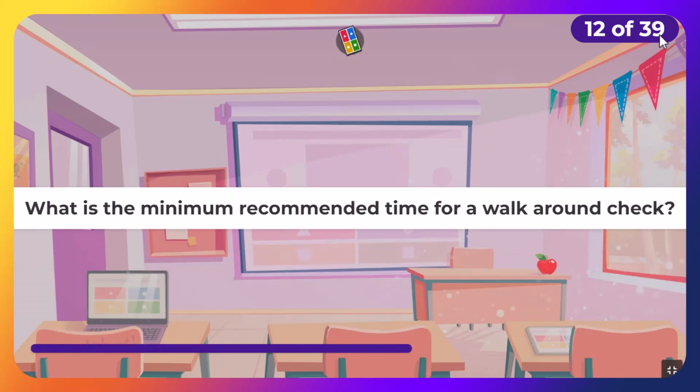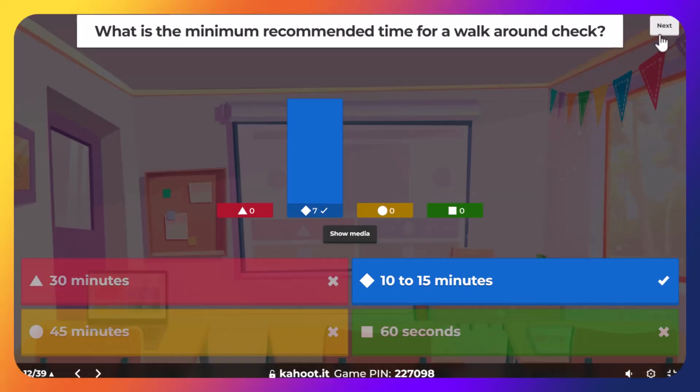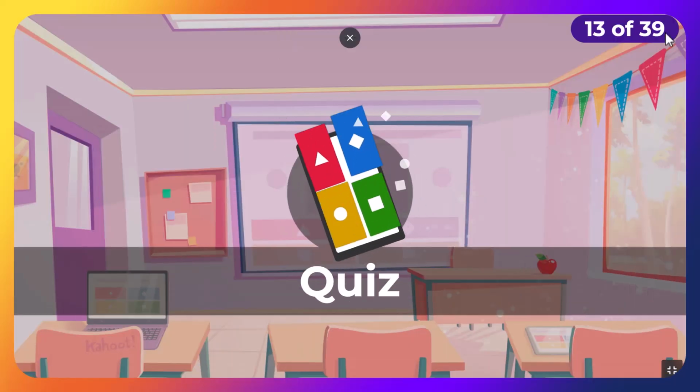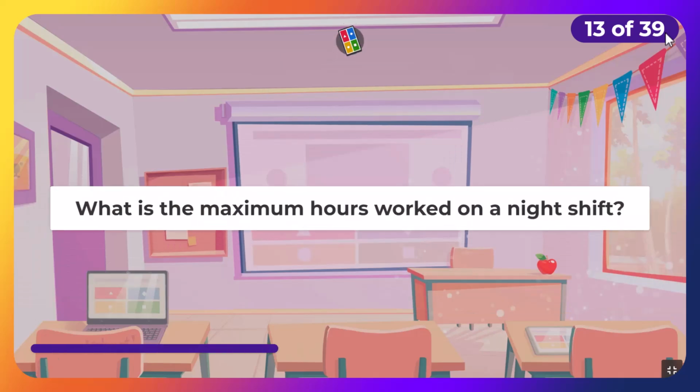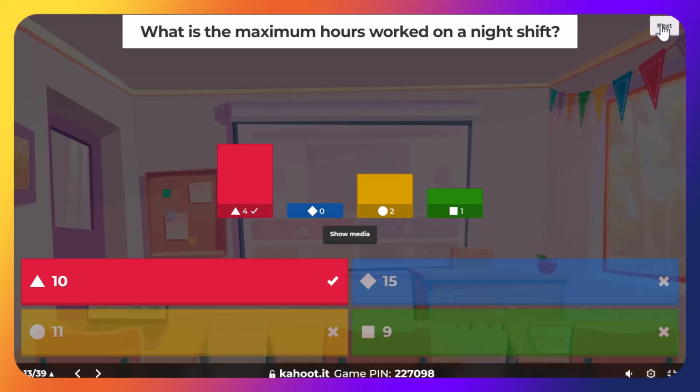What is the minimum recommended time for a walk around? The RSA recommend what? 15 on the day.